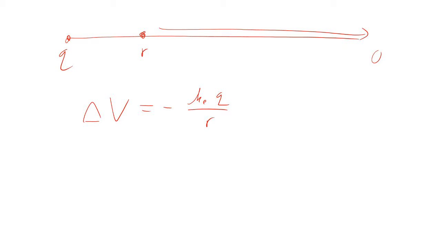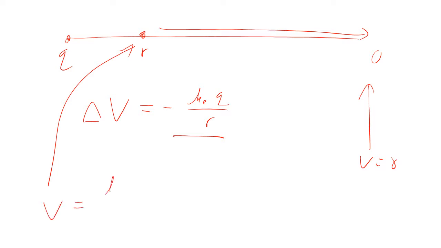So if V is 0 out here, then what was V here if I drop by that amount to get to 0? Well, it's pretty simple: kq over r.